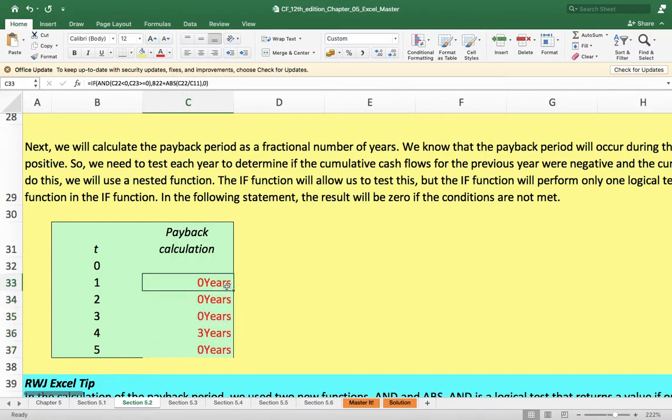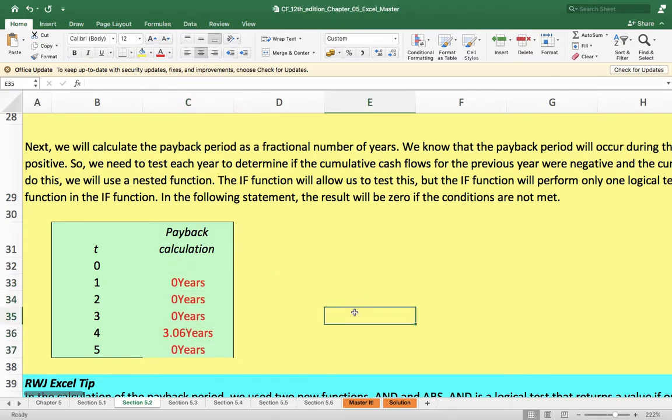See, 0 years, 3 point, and increase the decimals, all right, you can make it fine.